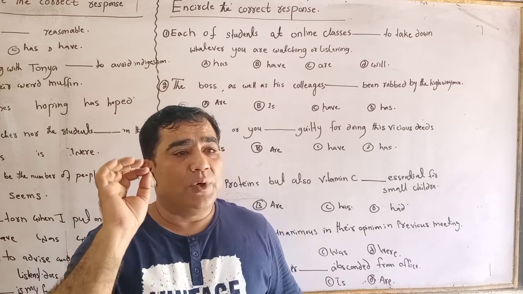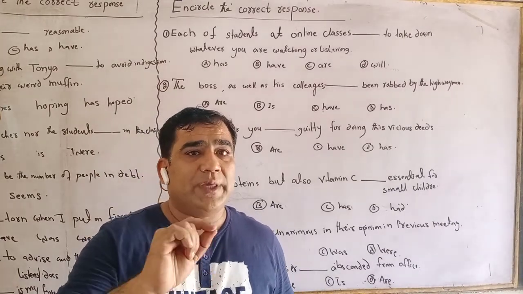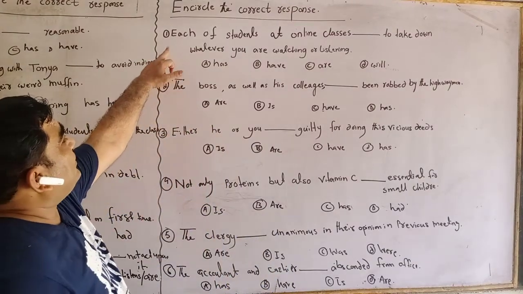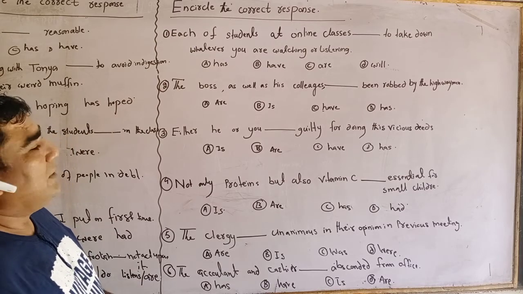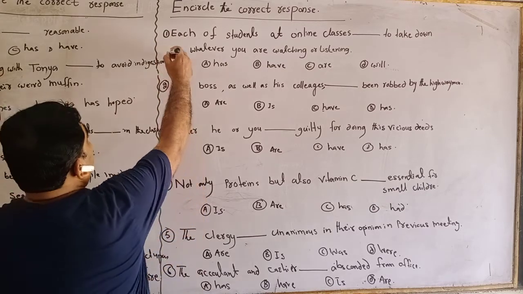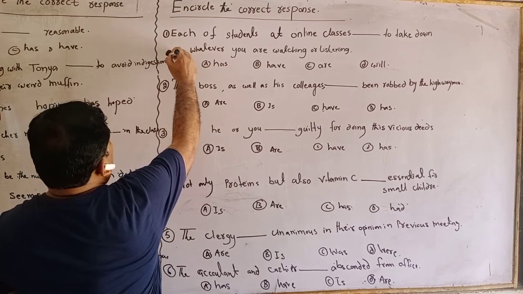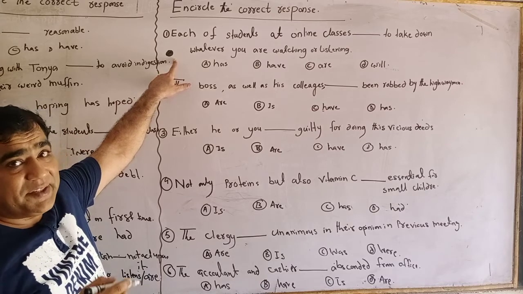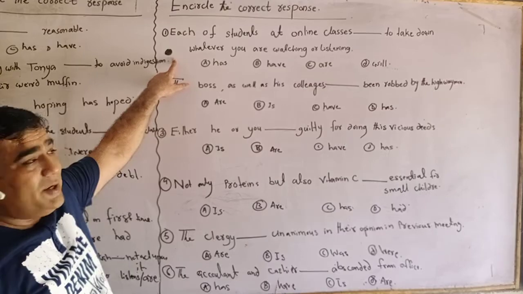Listen and understand the choices I am going to give you. Encircle the correct response. You have to make a practice of that whenever you are going to appear in your upcoming entrance test.